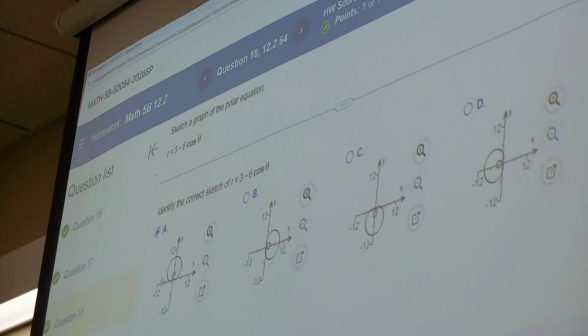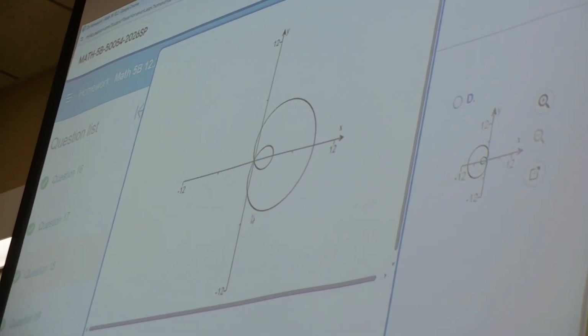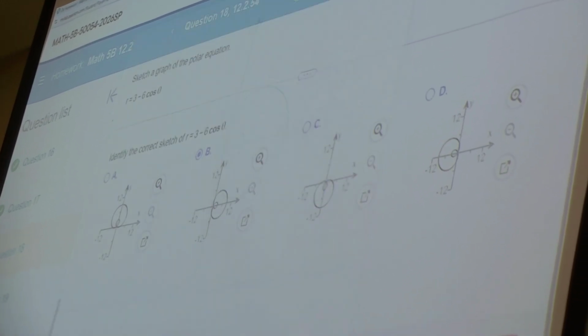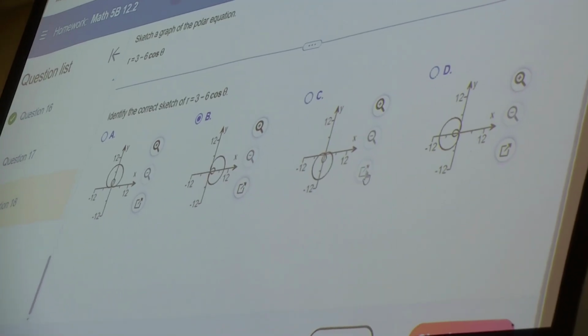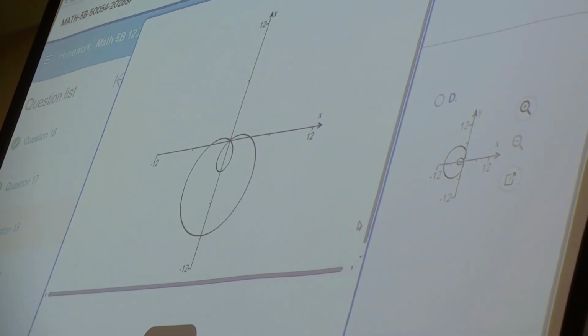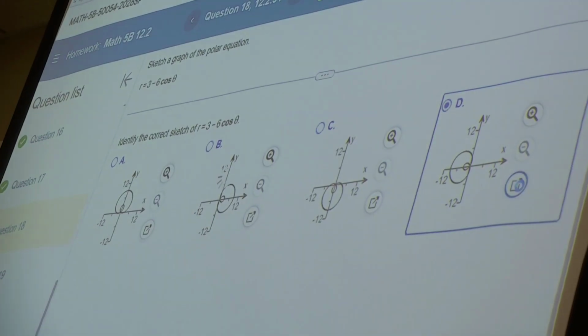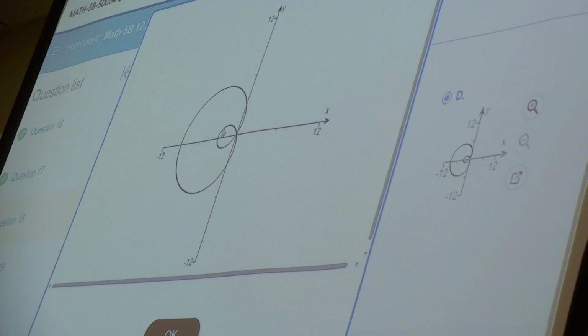So A has a chance. Does B have a chance? No, 0, -3, that's not here. When I say 0, -3, I'm speaking in polar. Does C have a chance? Yes. Does D have a chance? Maybe. Right there, right?